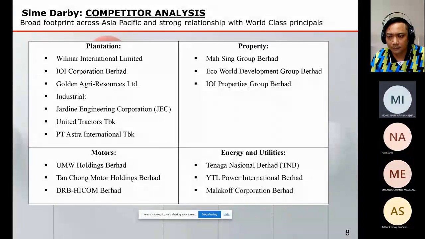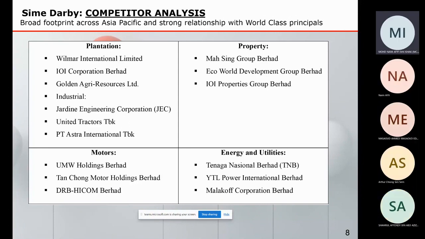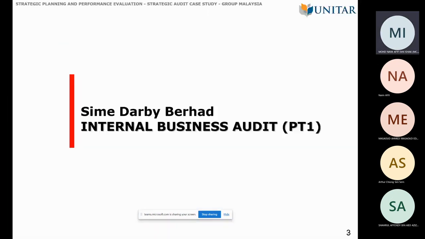Plantation is what Samdabi is familiar with, from palm oil. For property, there are competitors like Mah Sing, EcoWorld, IOI Properties. For motors there is UMW, Tan Chong, DRB-Hicom, and for energy utilities, TNB, YTL. The competitors don't necessarily mean they are competing, as they also have relationships with these companies. They are partners also.